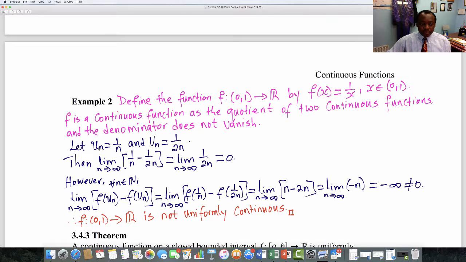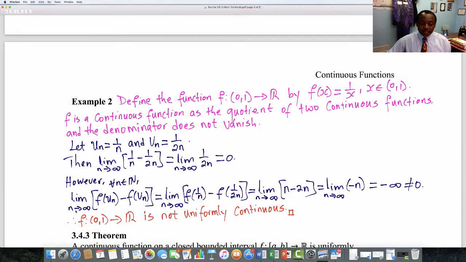Then observe that both un and vn are sequences in 0, 1. The limit as n approaches infinity of un minus vn is the limit as n approaches infinity of 1 over n minus 1 over 2n, which is the limit as n approaches infinity of 1 over 2n, and that equals 0.